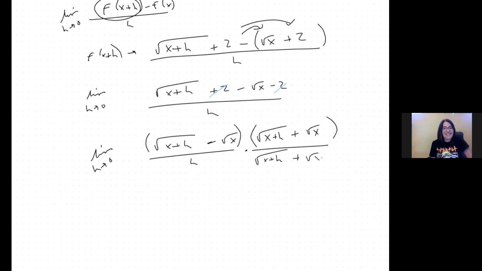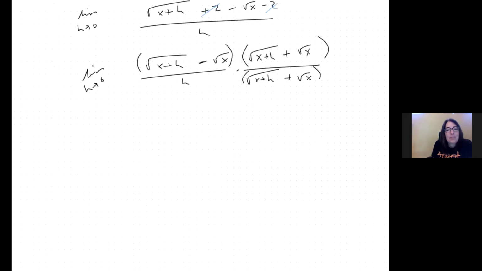Okay, we got this. So when you FOIL, a root times itself becomes the whole, because that's like the square root of 4, right? 2 of them need to be there to come out. So the square root of 4 is 2. This will become just x plus h.